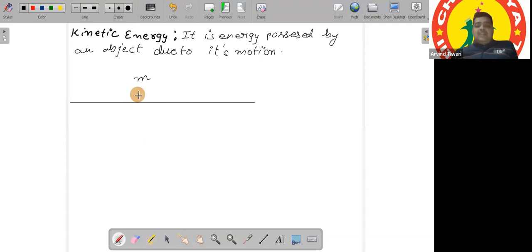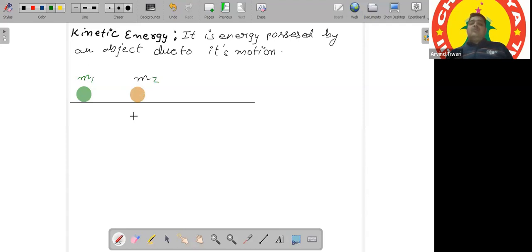Now I strike this ball with another ball, also of mass m. Let this mass be m1 and let the other be m2.